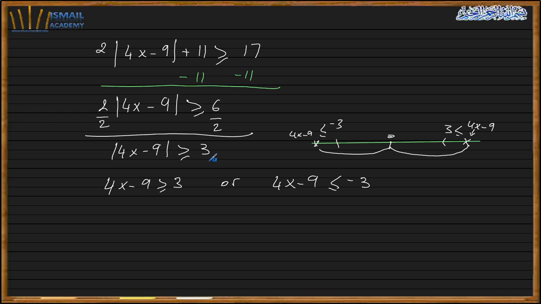So please review the previous lesson. It will give you the general idea of how to solve absolute value inequalities with the cases and the solution for each case. Now here this is just a linear inequality, so I just need to solve as regular. So plus 9 both sides.